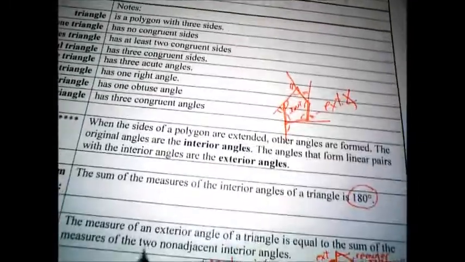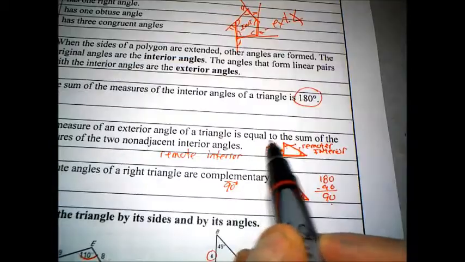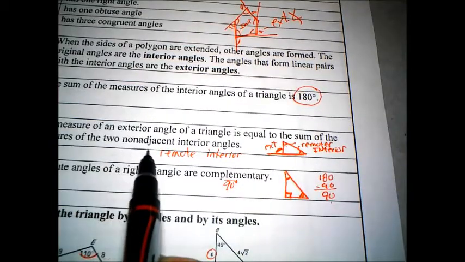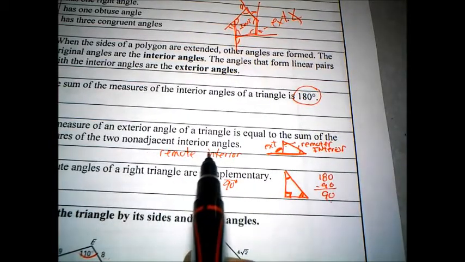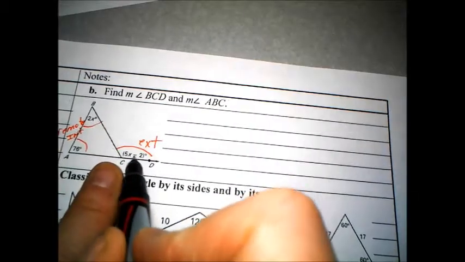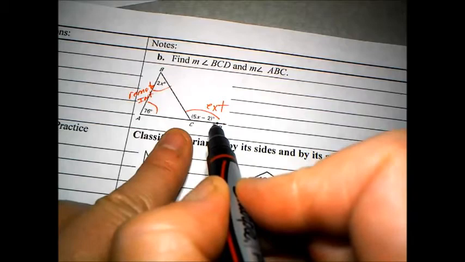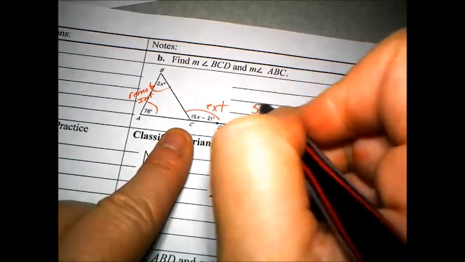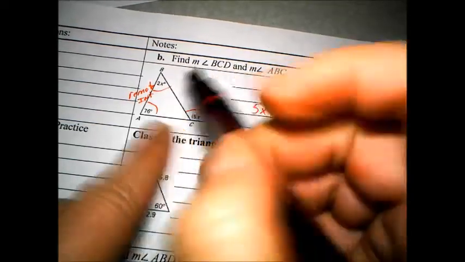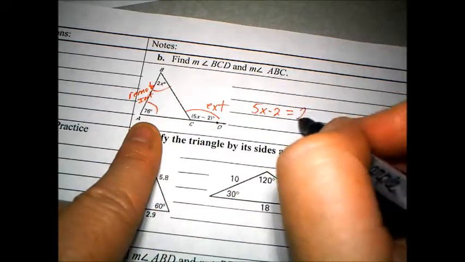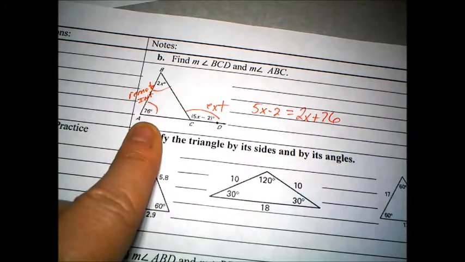And my theorem 20 tells me that the exterior angle is going to equal the sum of the remote interior angles. So this outside angle equals the other two added together. So this will be 2x plus 76.